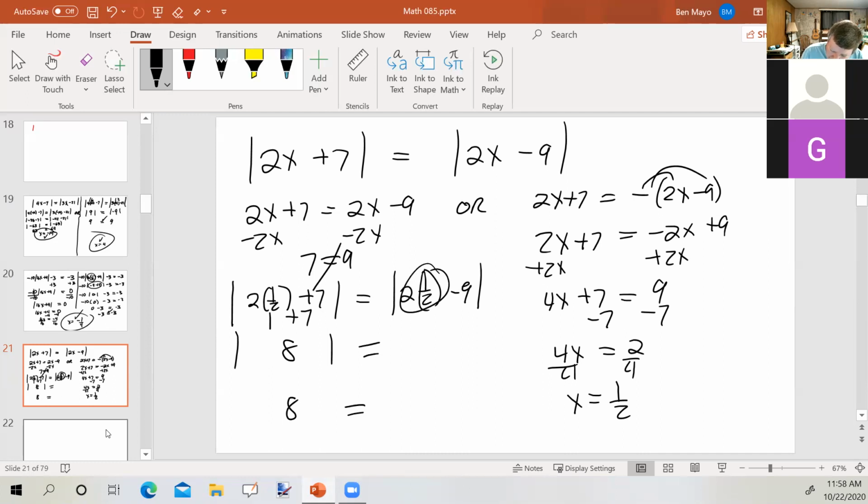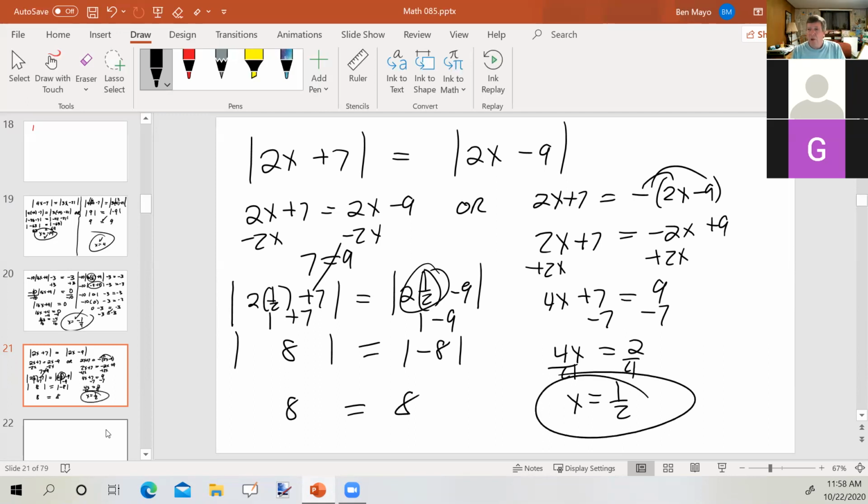What's 2 times 1/2? 1 again. What's 1 minus 9? Negative 8. What's the absolute value of negative 8? 8. So we have one solution. It would be wrong to say no solution or solution does not exist, because there is one solution. This led us to a dead end, but there was still one solution.